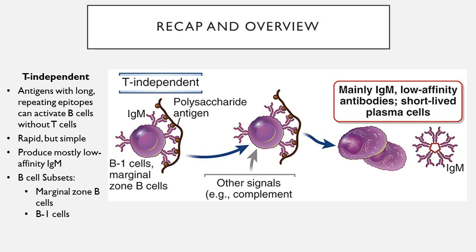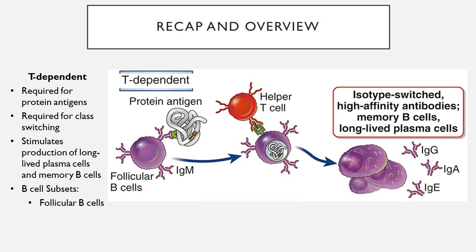So there's no affinity maturation here. There's no class switching. Furthermore, there's no production of memory cells. We'll talk about the need of T cells in order to produce memory B cells. And this is primarily carried out by 2 B cell subsets: marginal zone B cells, which are in the spleen, and B1 cells, which are mainly at mucosal sites.